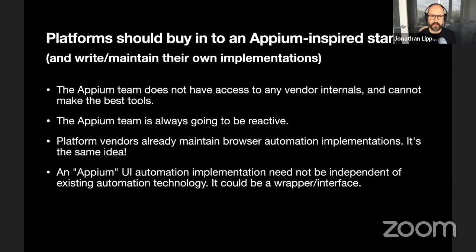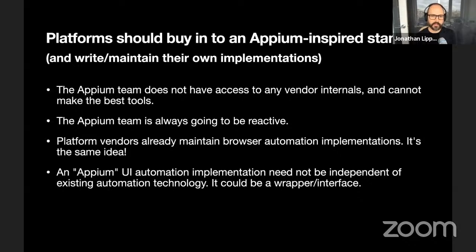I think this is also pretty obvious, but if you want a UI automation tool to work with iOS applications and macOS applications and iPadOS applications, the team that's going to do the best job at that is the team that develops those platforms. It's going to be people at Apple who have access to internal code and knowledge about how the systems work, and likewise with Google and their platforms, etc.